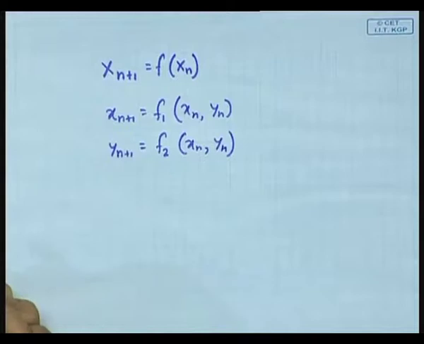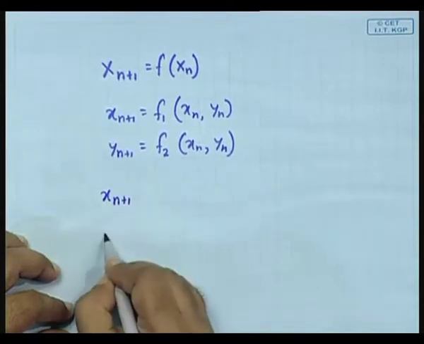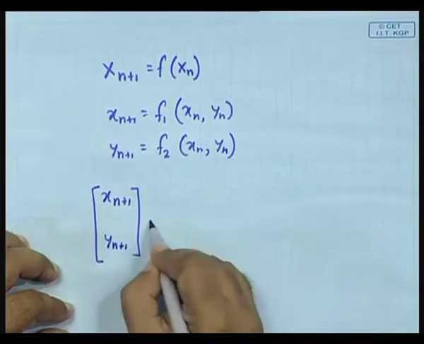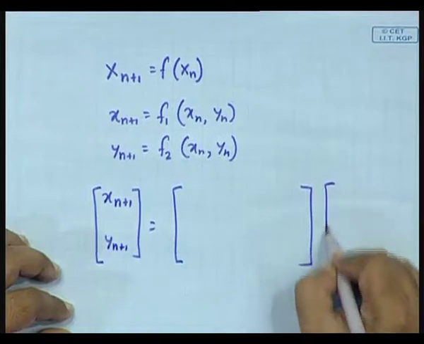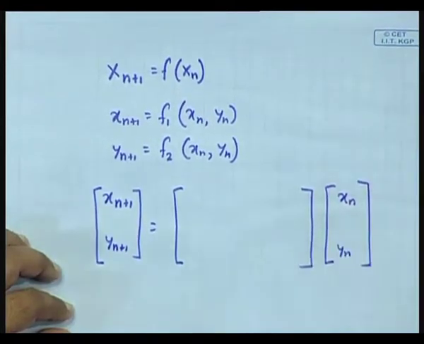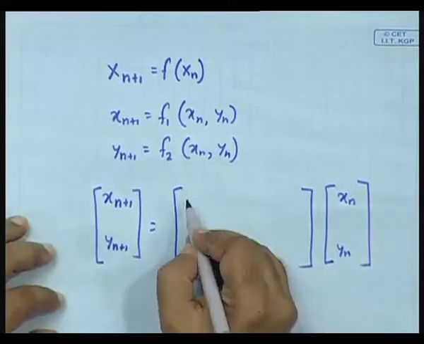In that case, your local linear behavior will be something like this: x n plus 1, y n plus 1 is something times x n, y n. Now, what is that something? It is again the Jacobian matrix.